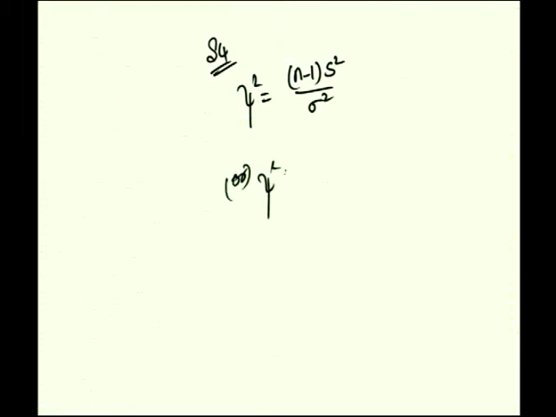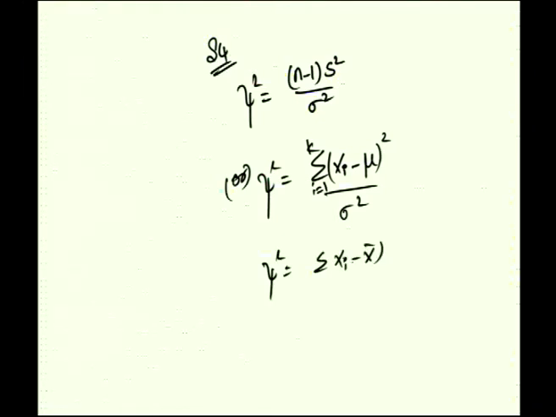Then step 4 is the formula for testing a single variance: chi square is equal to (n minus 1) into s square by sigma square, or chi square is equal to summation of (xi minus mu) whole square by sigma square, where i ranges from 1 to k, if the population mean is directly available. If the population mean mu is not available, then chi square is the usual summation of (xi minus x bar) whole square by sigma square.